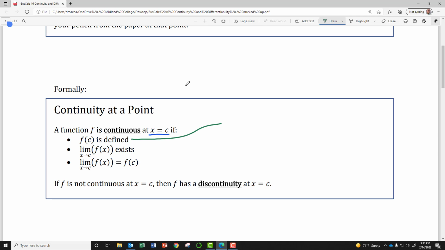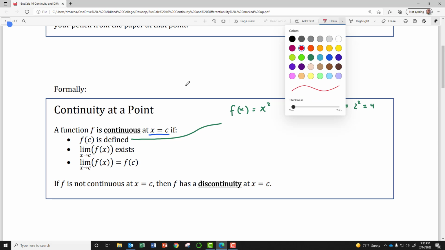As an example, if I take the function x squared and I plug in the point x equals 2, then f of 2 is just 2 squared, which is 4. So the function is well defined at x equals 2.